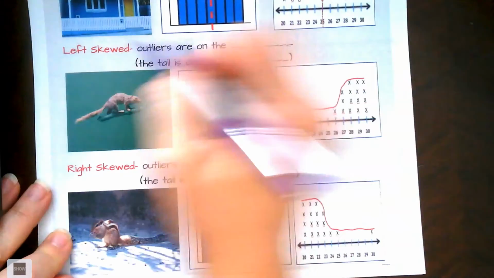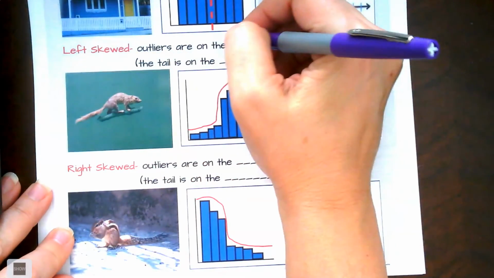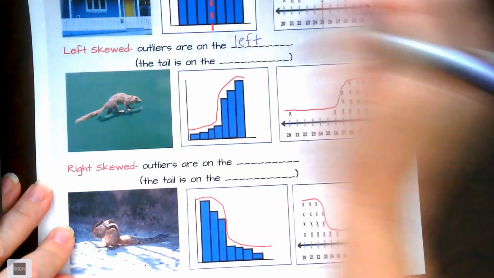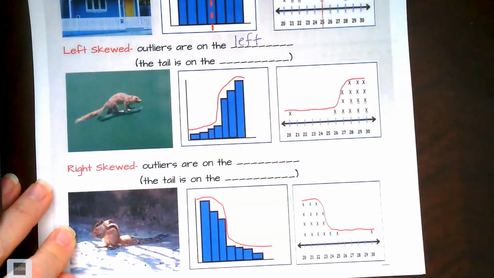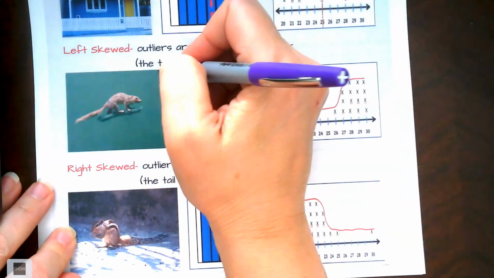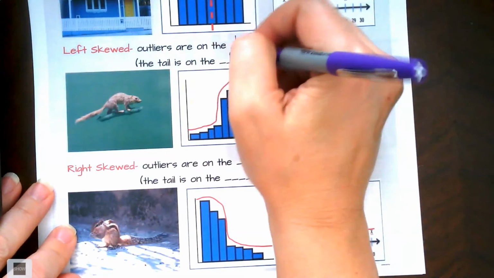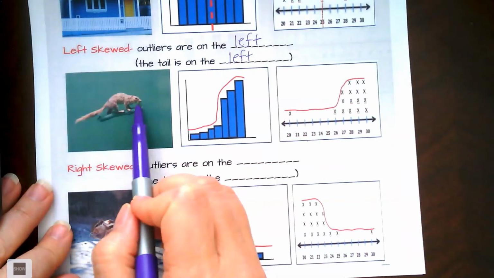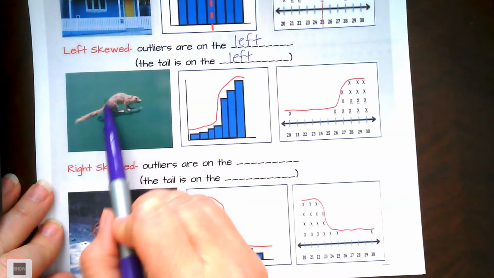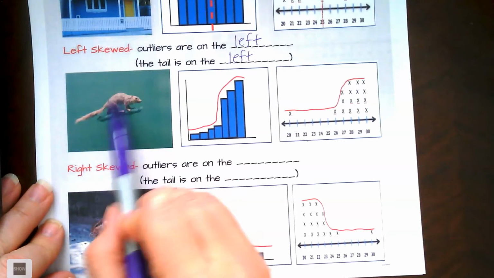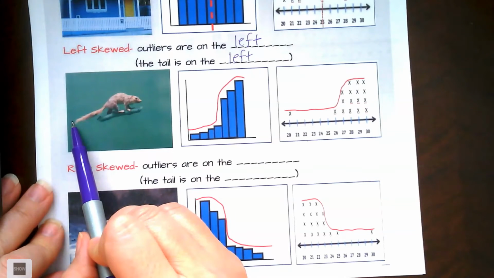When you have outliers on the left side of your display, it is called left skewed. They talk about the area getting to the outlier as the tail, and the tail is on the left. So if you take our little animal here, I really don't know what that is, but we have a bunch, and then we have the tail here.